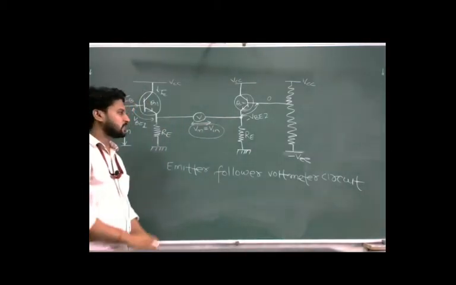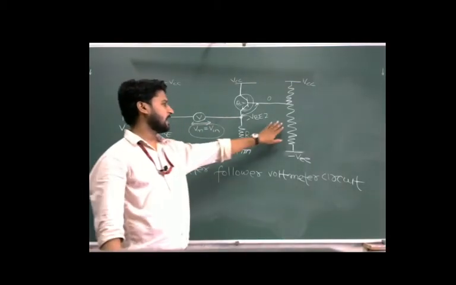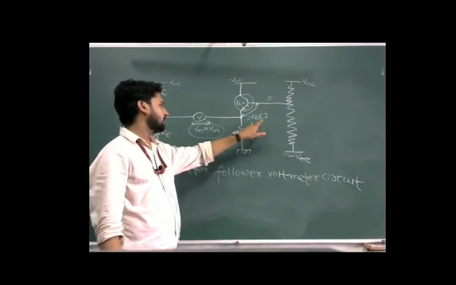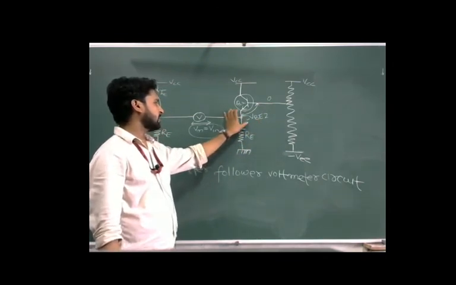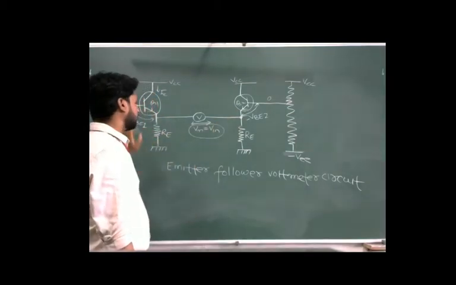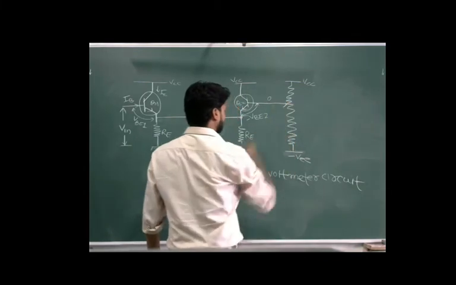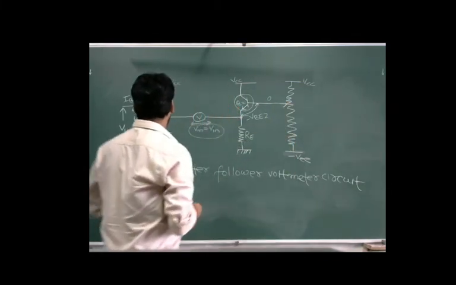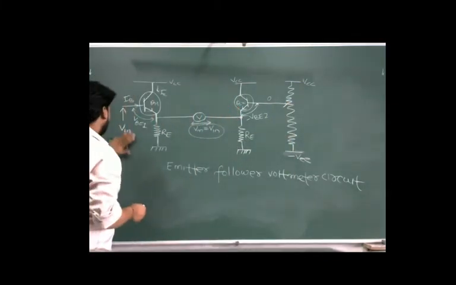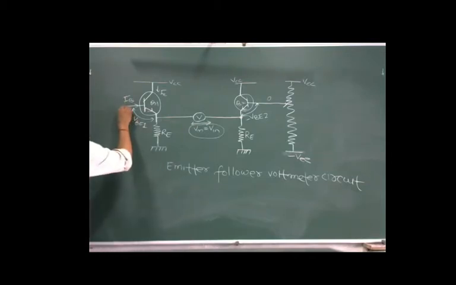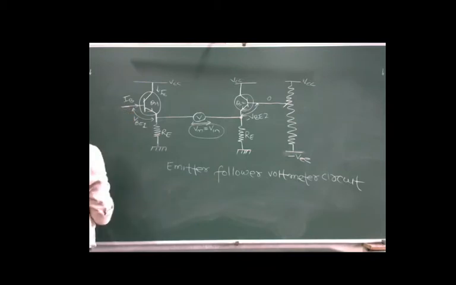So by using this potential divider, we can ensure that the voltage appearing here is exactly the negative of this voltage. How can we ensure this? First of all, we leave the base of the transistor Q1 at 0 volt.